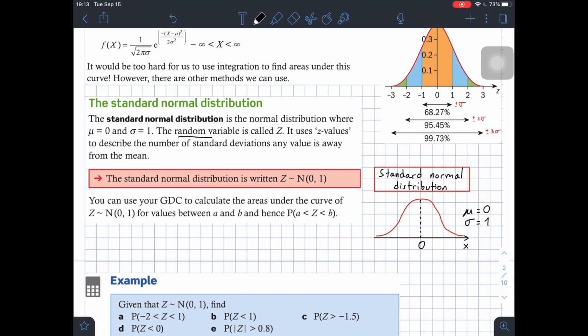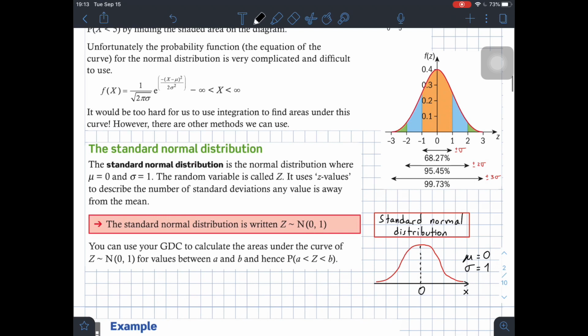So it says, the random variable is called Z. It uses Z values to describe the number of standard deviations any value is away from the mean. So the standard normal distribution is written as Z has a normal distribution where the mean is 0 and the standard deviation or variance, in this case they're the same, is equal to 1, okay? So you see the difference, right? Whenever we talk about any type of variable, instead of Z, we write X, okay?